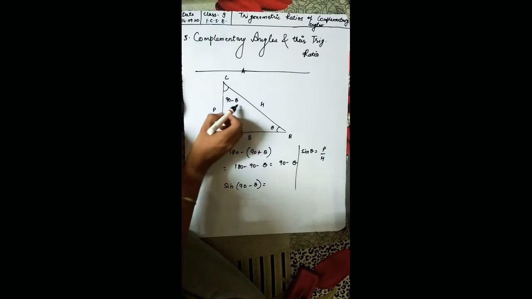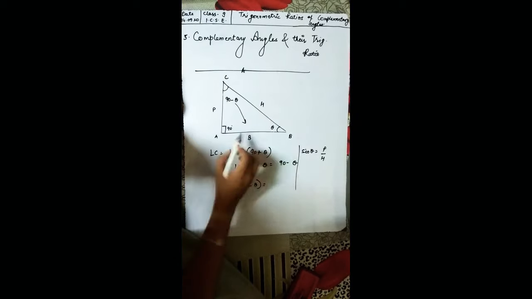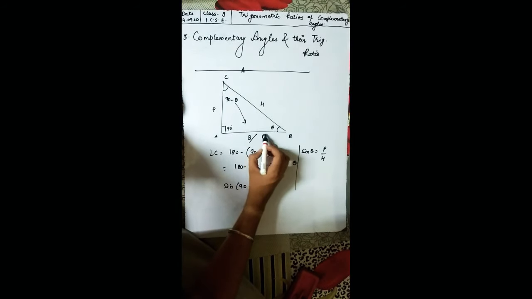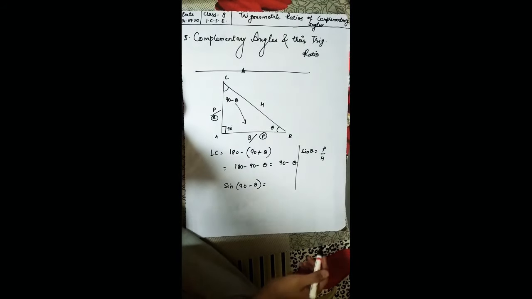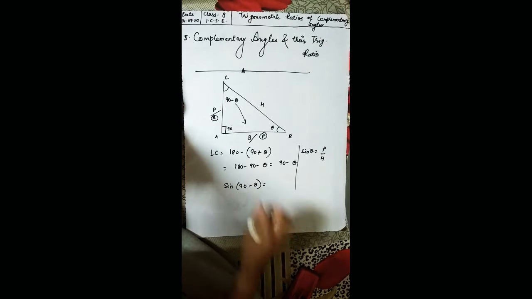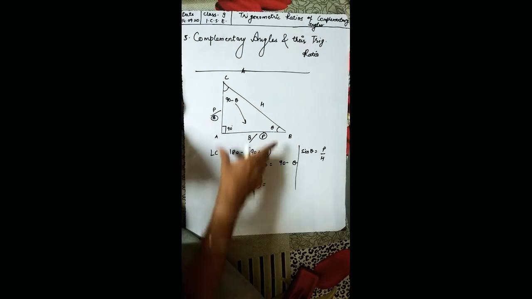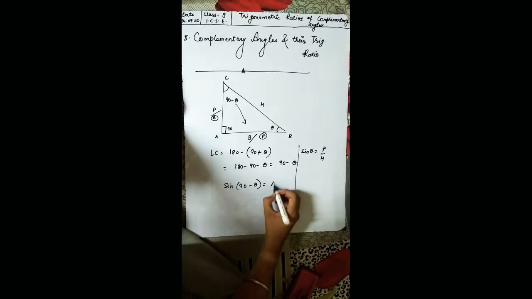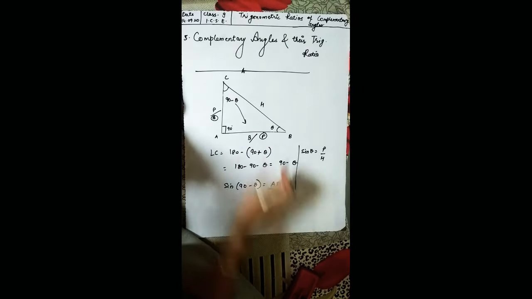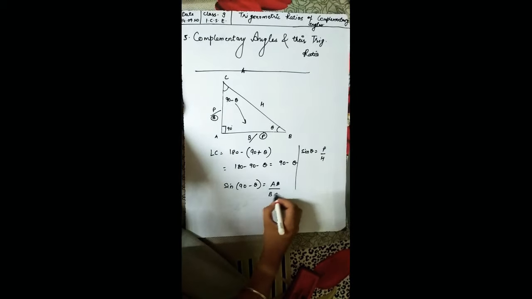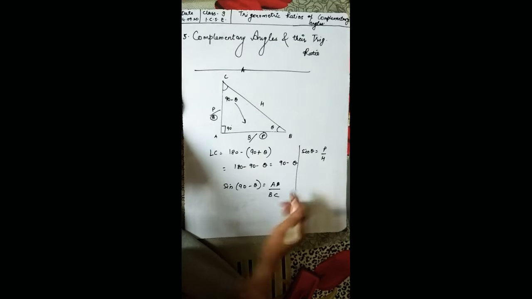If this is theta, then the opposite side becomes the perpendicular. So now this is your perpendicular and this is your base, and the hypotenuse is always the same. So the perpendicular here is AB, and the hypotenuse is BC, so AB upon BC.